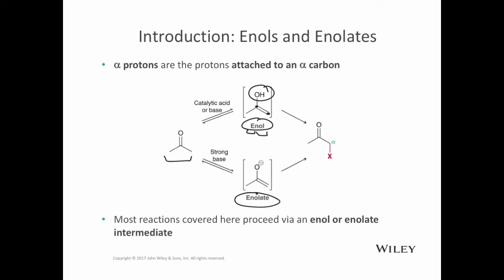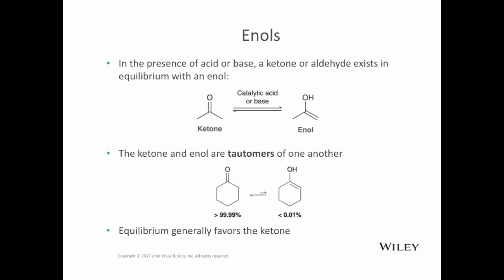And most reactions that we're going to discuss will proceed either via an enol or an enolate form. And then we can react the enol or the enolate with some electrophile and add a group to that alpha carbon. In the presence of acid or base, a ketone or aldehyde exists in equilibrium with its enol.